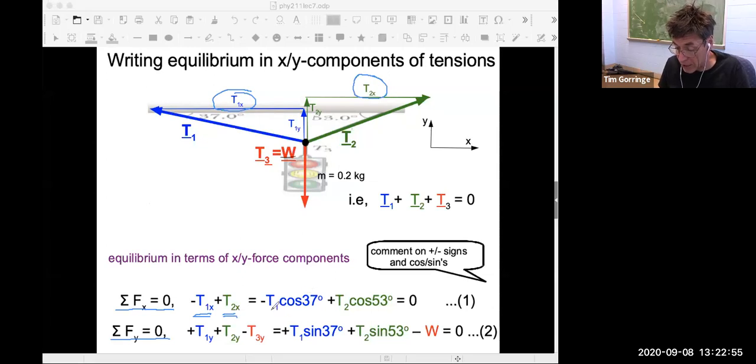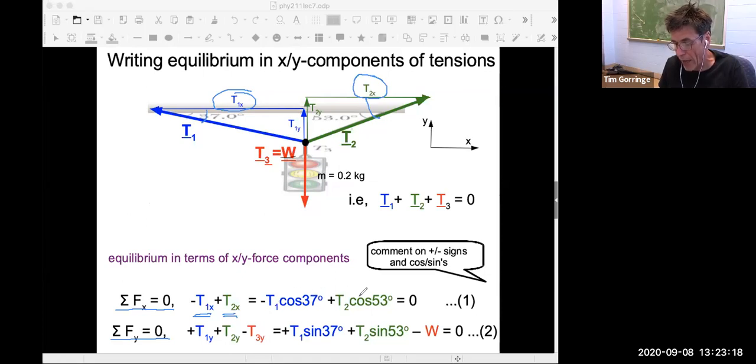And then here I just wrote them in terms of the angles and the magnitudes of the tensions. So T1x is next to the 37 degrees. It's the adjacent. T2x is next to the 53 degrees. It's the adjacent. And so T1x is T1 times the cosine of 37 degrees.